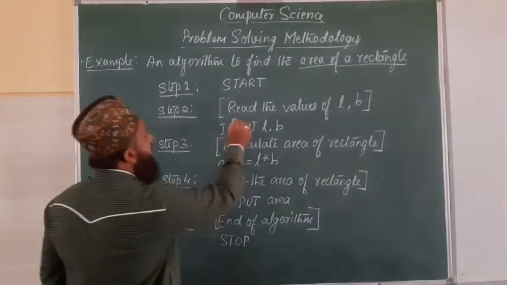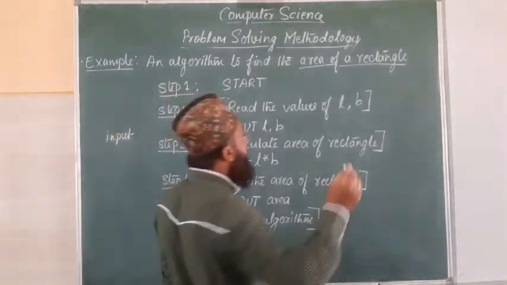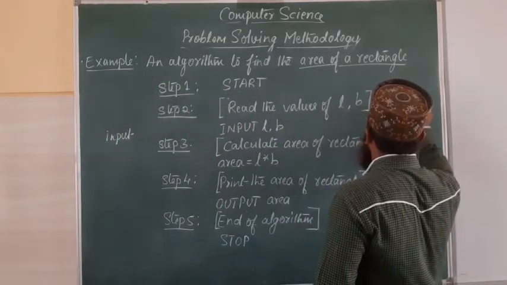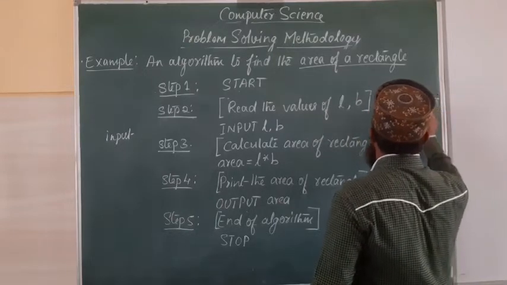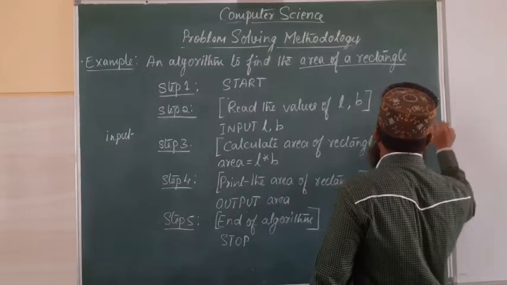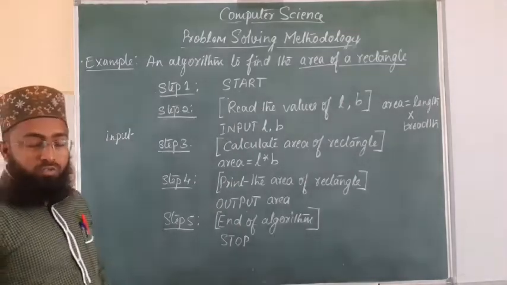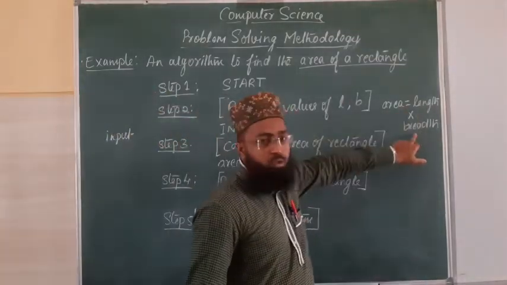Here, read the values of L and B. The formula for the area of a rectangle is area equals length into breadth.